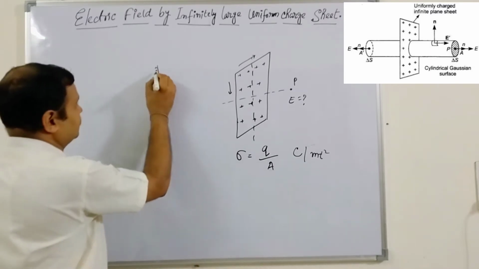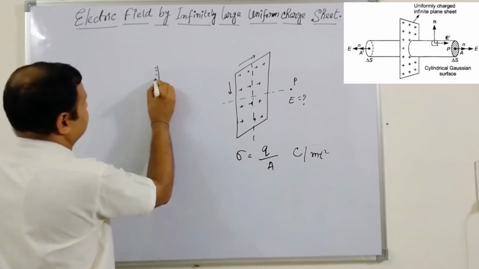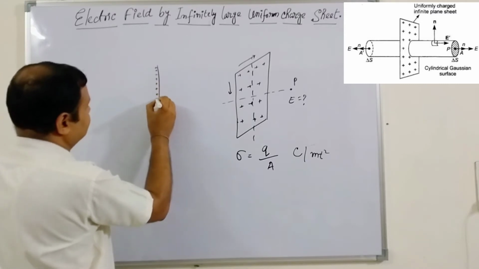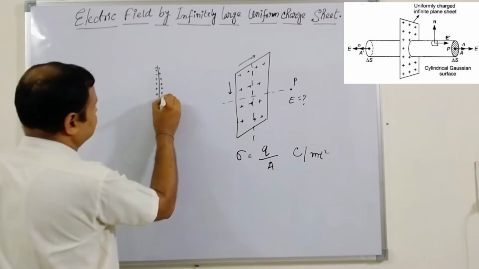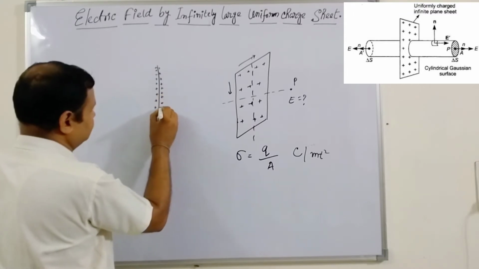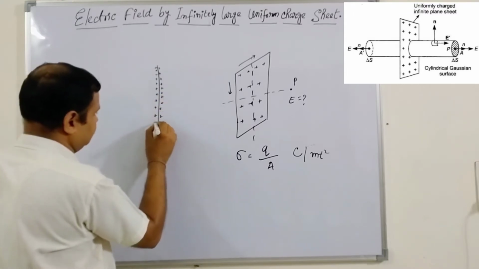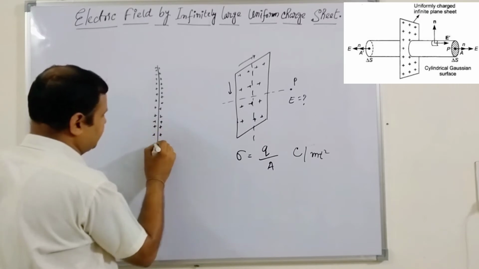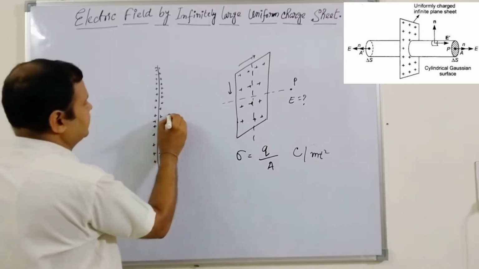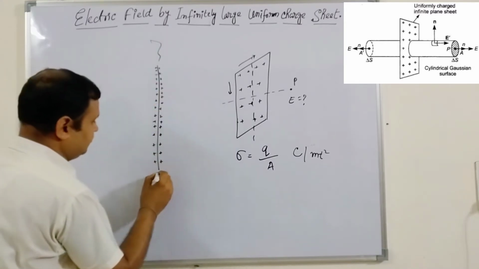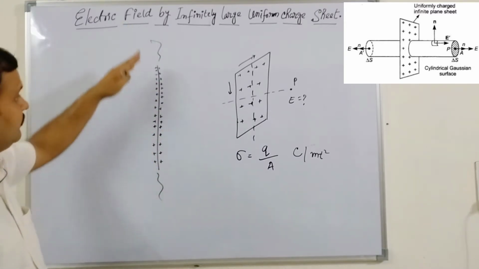So the charge will be distributed over the surface of this plate, on both sides, and it is uniformly charged, not uneven. I am showing it like this because it is infinity.